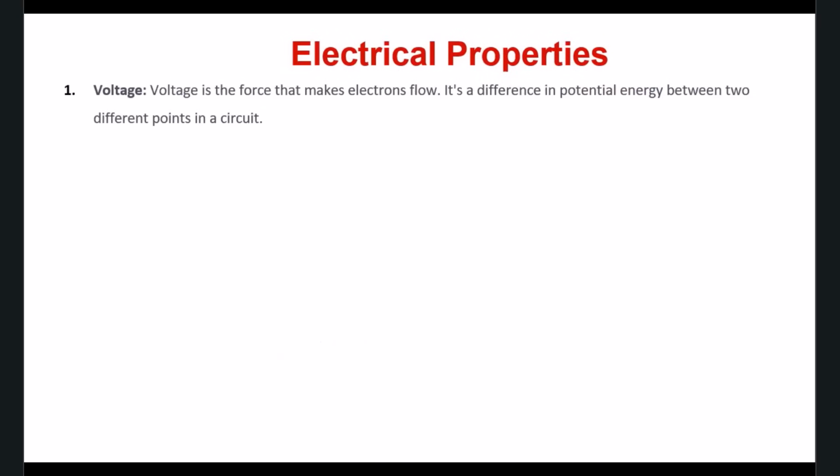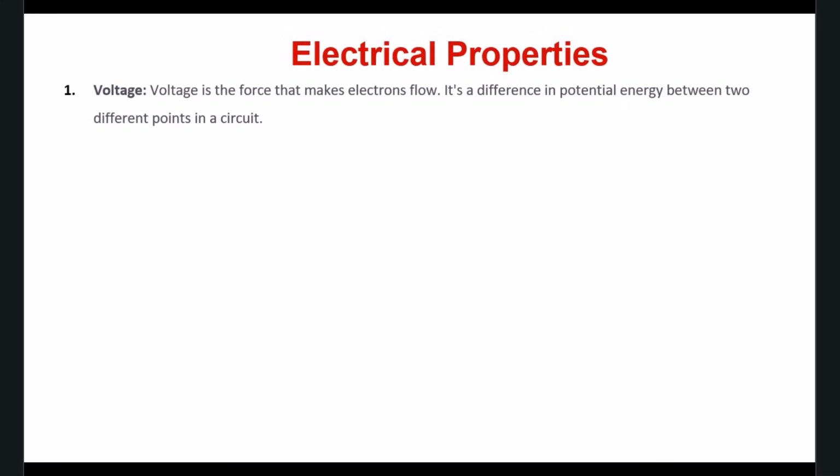Now, moving further, we will talk about the terms that we have used in Ohm's law, and these terms are the voltage, the current, the resistance, the power, etc. First, we'll talk about the voltage. We need to know what exactly the voltage is.